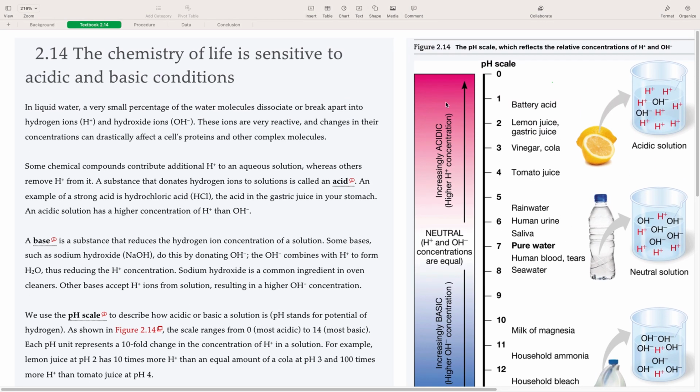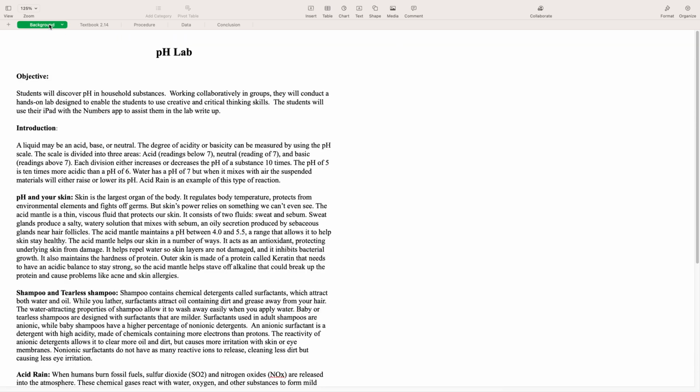So that's some of the background from our textbook. Now if you click on the background up here at the top, the background from the lab talks about some of the same things, but you need to come back here and read about pH in your skin and pH in shampoos like baby shampoo and tearless shampoo. When it stings your eyes, it's not the right pH balance of about 7.4.